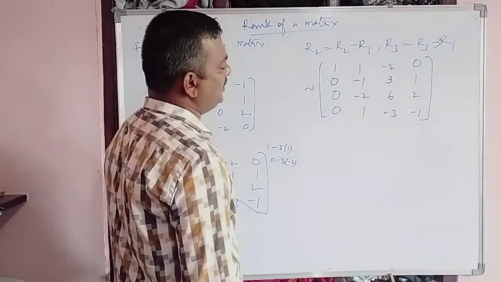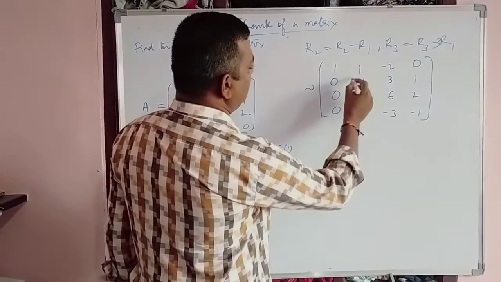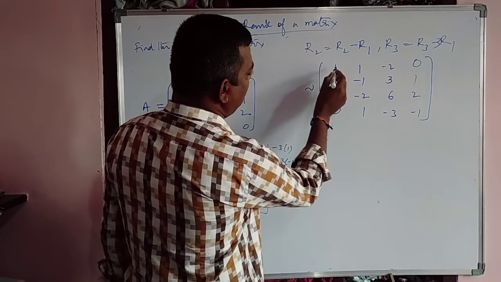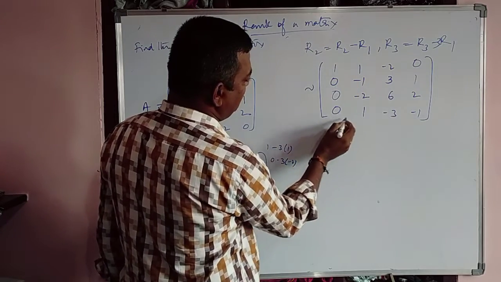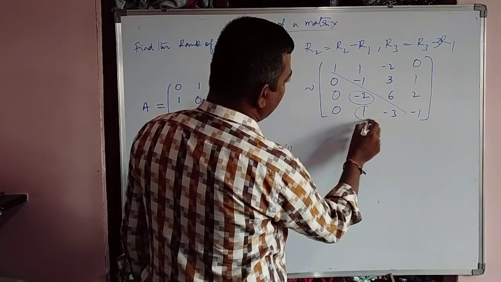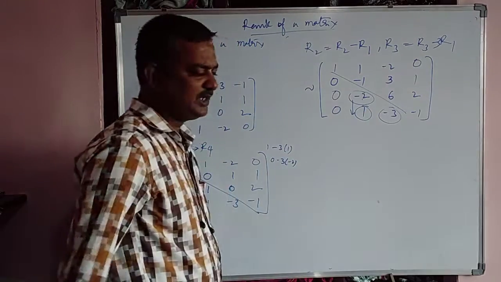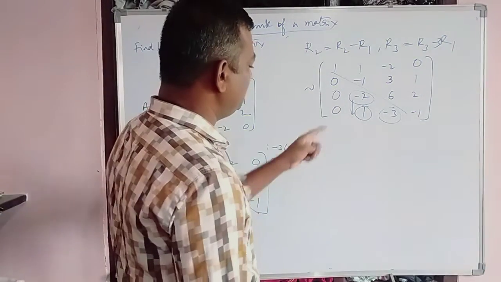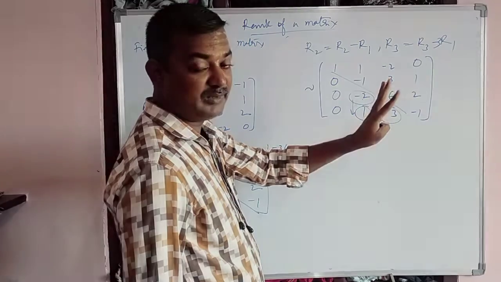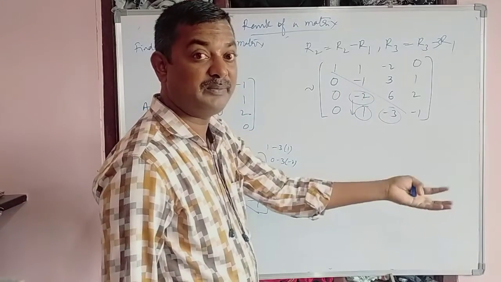Okay, now just look at this, students. Try to understand it carefully. I have made the element below the first one 0. Now our aim is to make these three elements 0. First these two elements. I told you already, while making these two elements, other elements may also become 0.